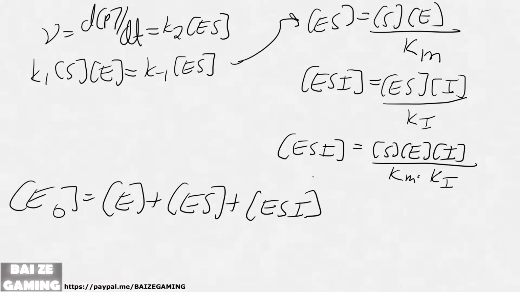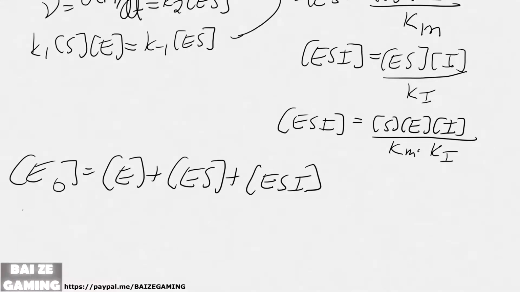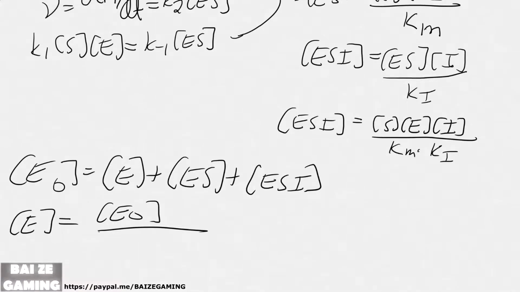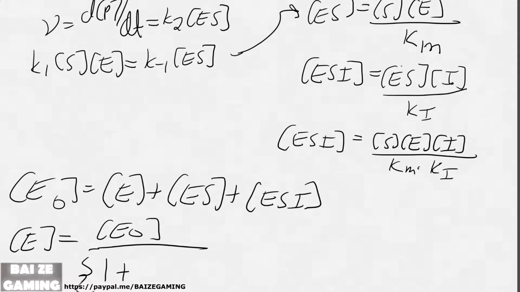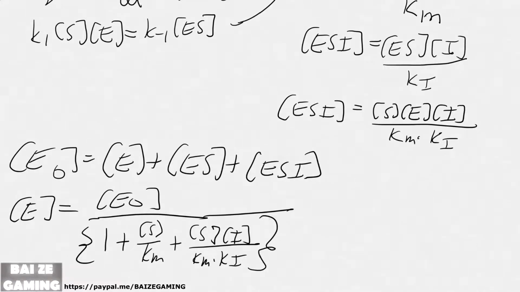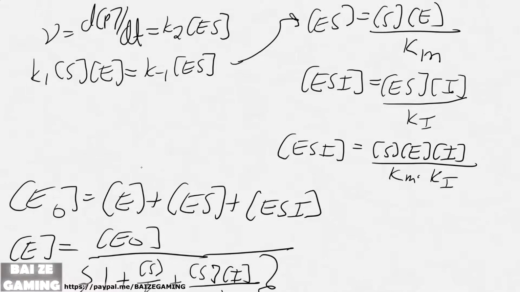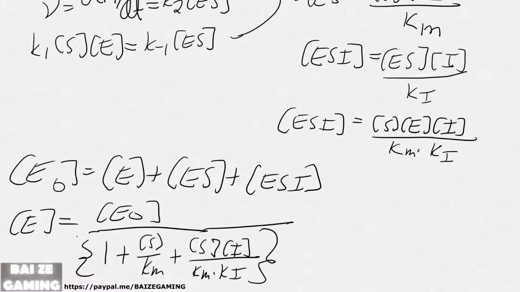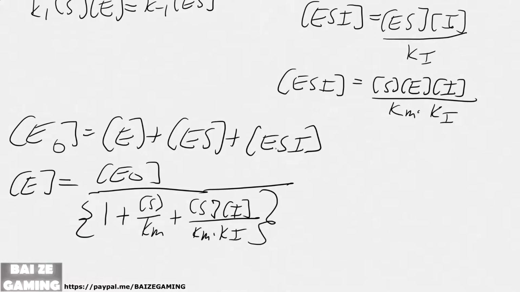Then we substitute in and we get an equation for E. And remember, the reaction rate is just K2 times ES, so we substitute this into ES and we work it out.